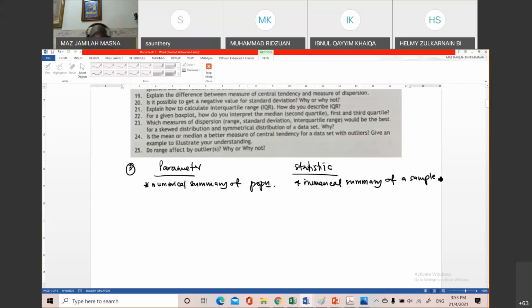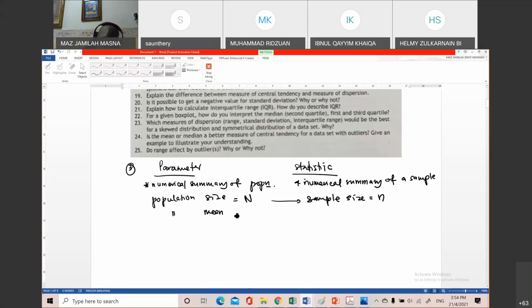For example, what parameter can you say first? Population size, N. What about sample size? Sample size is n. What else? Population mean.